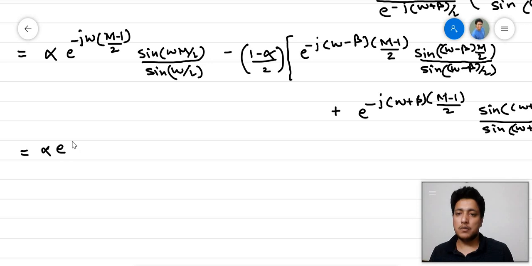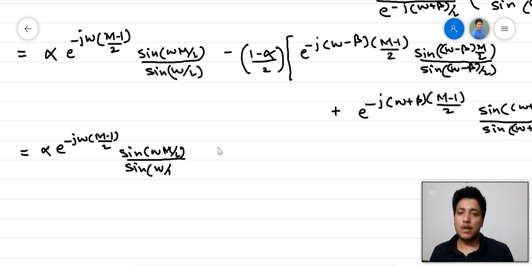Alpha exponential minus j omega (m minus 1) by 2, sine omega m by 2 over sine omega by 2.